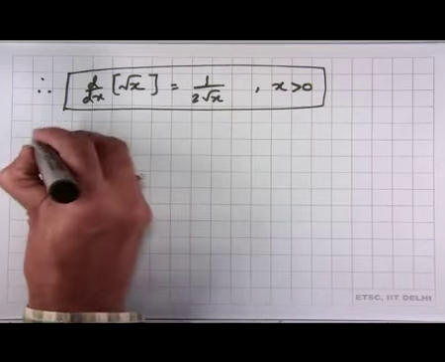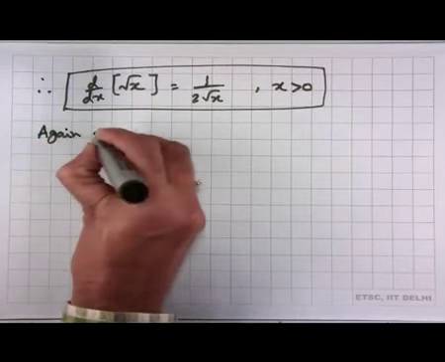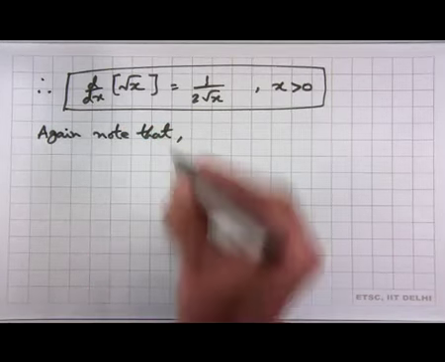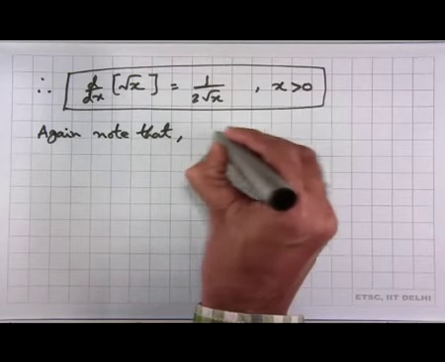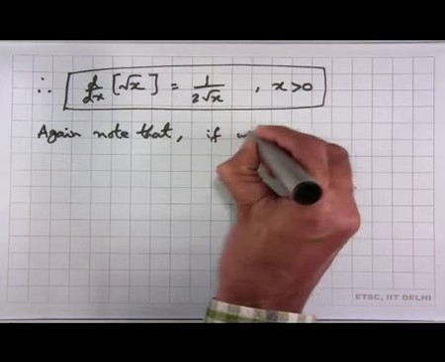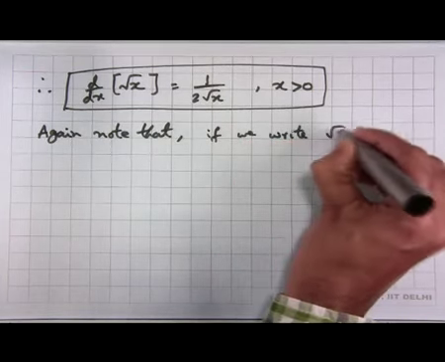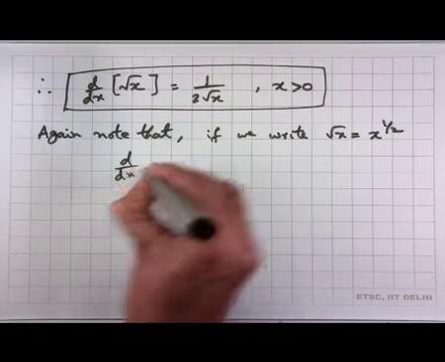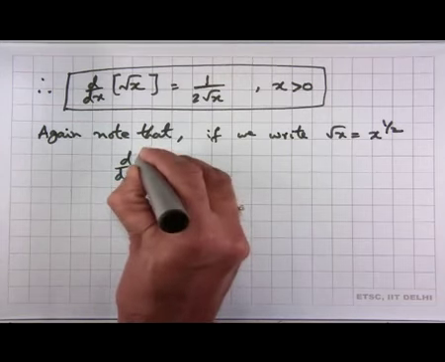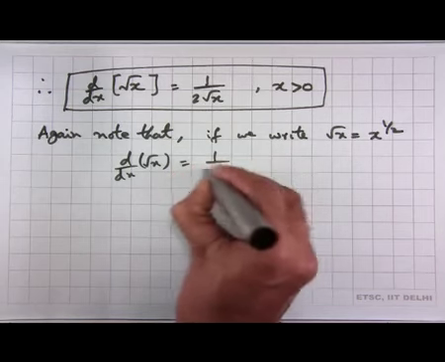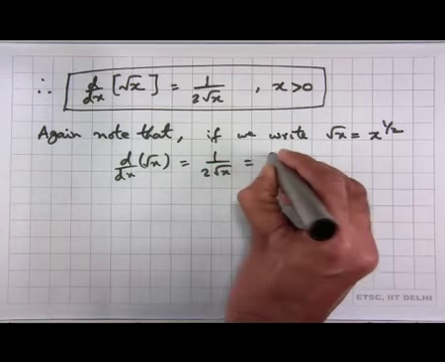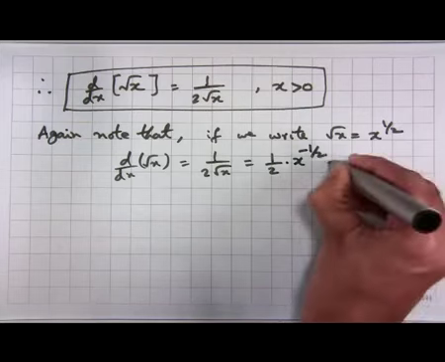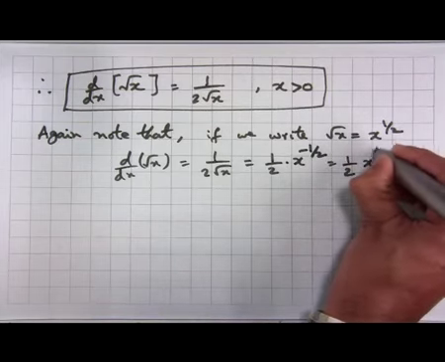Again note that this agrees with the formula for x to the n, because if we write square root x as x to the power 1/2, then the derivative of square root x, which is equal to 1 by 2 square root x, is nothing but 1 by 2 times x to the power negative half, which is the same as 1 by 2 times x to the power half minus 1.